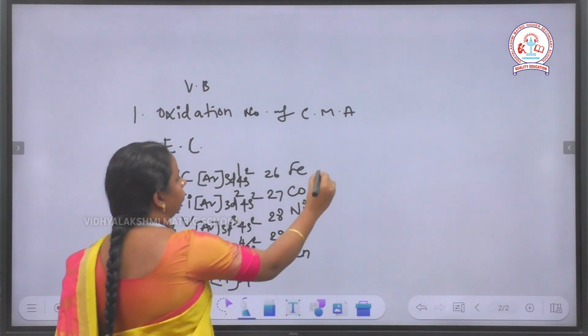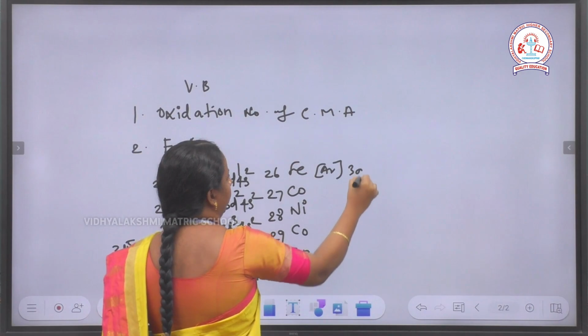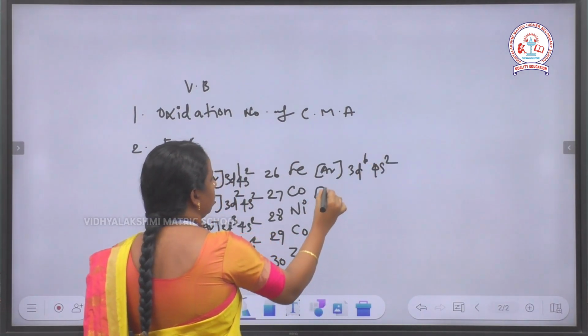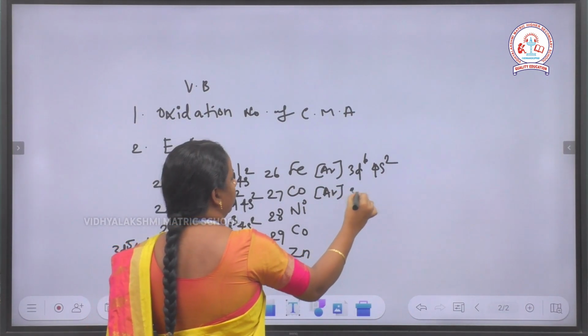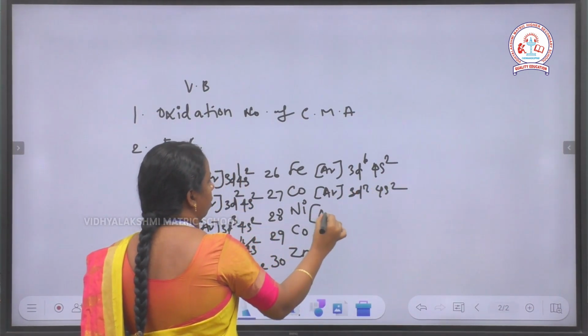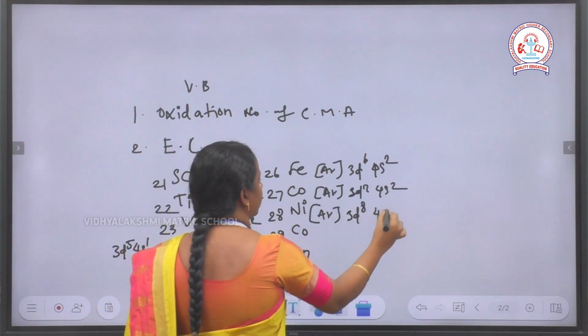Then iron electronic configuration: argon 3d6, 4s2. Cobalt, argon 3d7, 4s2. Nickel, argon 3d8, 4s2.